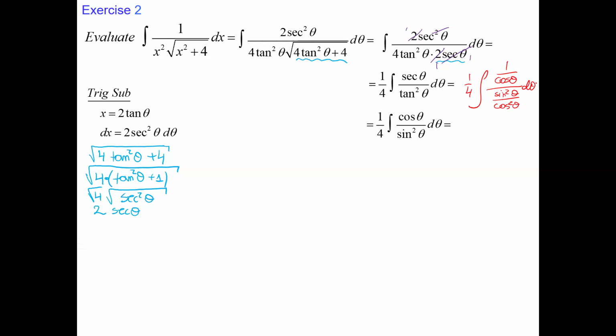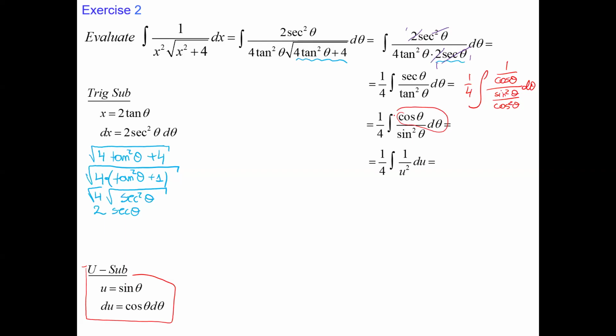And another trigonometric integral, but I think this one is easy to realize, that is u substitution. We will let u be sine theta, yeah, we can see I typed in the corner, and then cosine theta d theta is just du, 1 over u squared du.